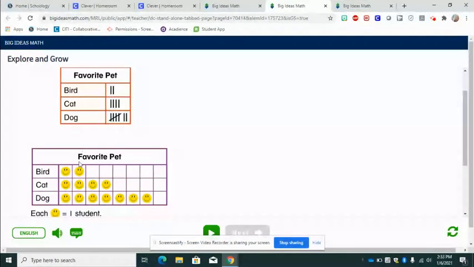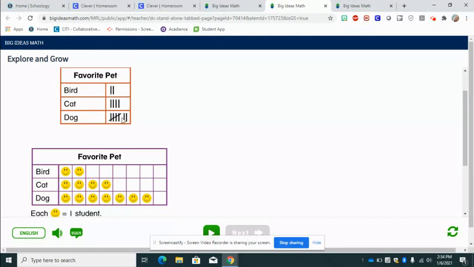4 students chose cat, because I see 4 tallies beside the cat, and I see 4 smiley faces in the picture graph, so 4 students chose cats in the picture graph as well. All right, I'm looking at the dog, and I see 5 tally marks here. Remember, when we see a slash, that means there's 5, and then plus 2 more, which is 5, 6, 7.